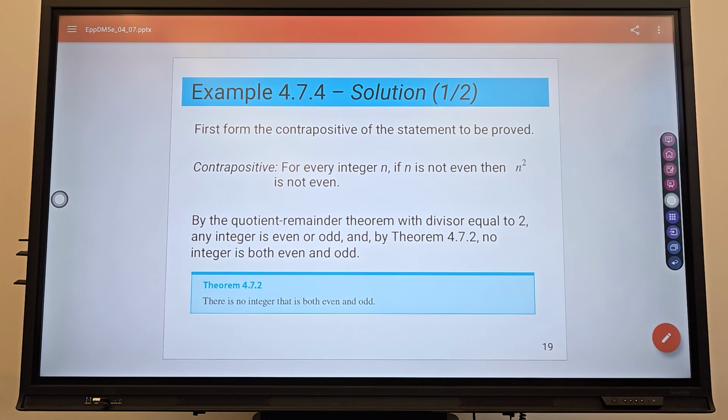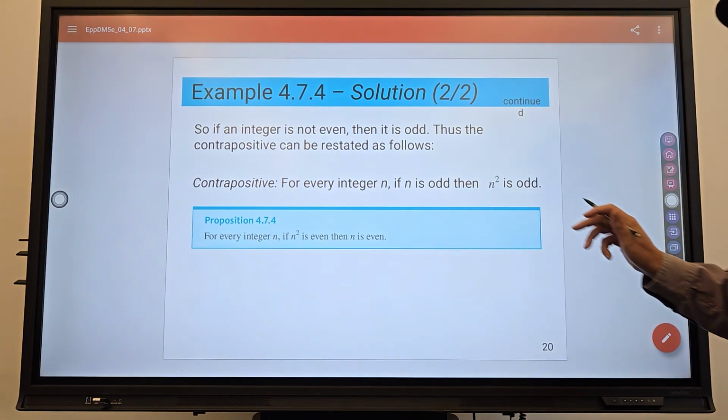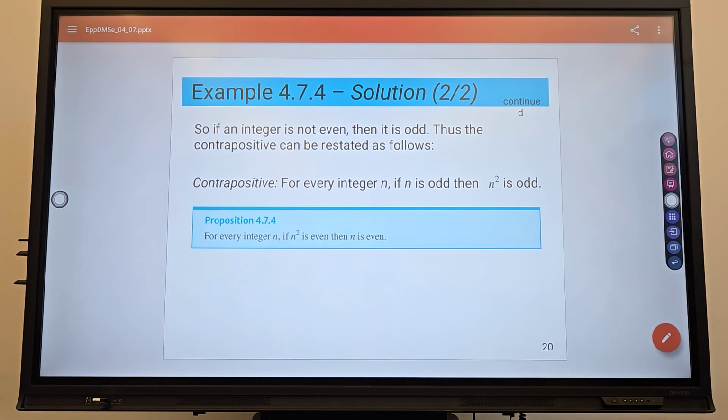By the quotient remainder theorem, with divisor equal to 2, any integer is either even or odd. And by theorem 4.7.2, no integer is both even and odd. So if an integer is not even, then it is odd.